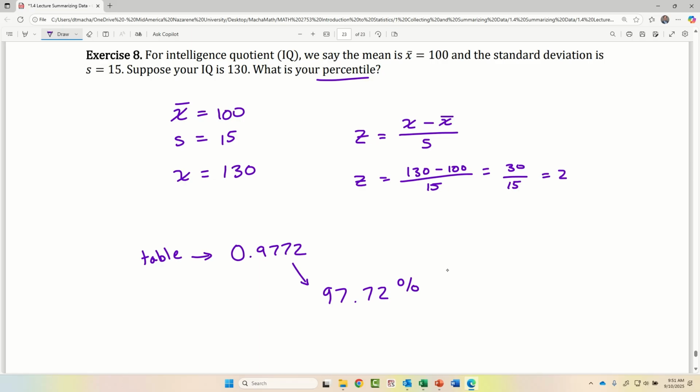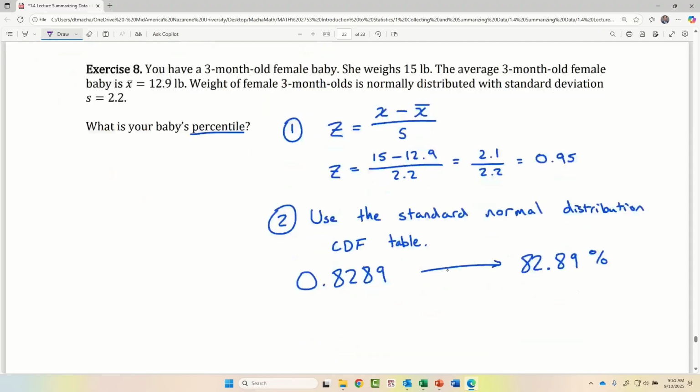In other words, if your IQ is 130, that means you have an IQ that's greater than 97.72% of the population. That's your percentile. We haven't done any negative numbers yet, so let me make up an example using negative numbers.